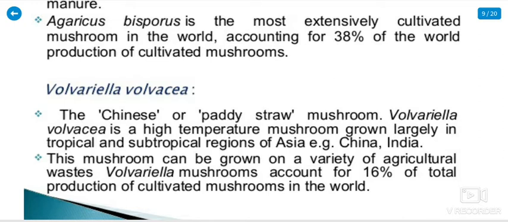This mushroom accounts for 16% of total production of cultivated mushrooms in the world.